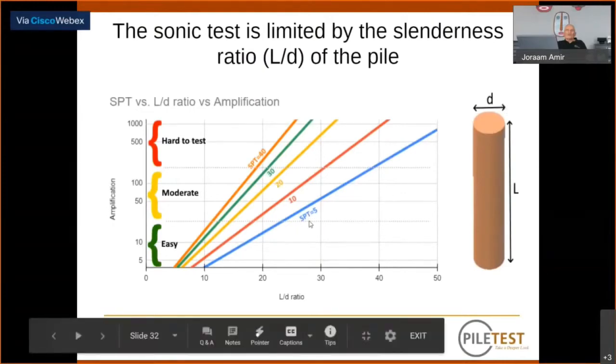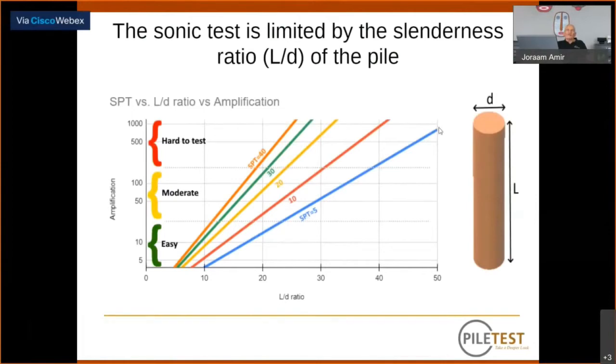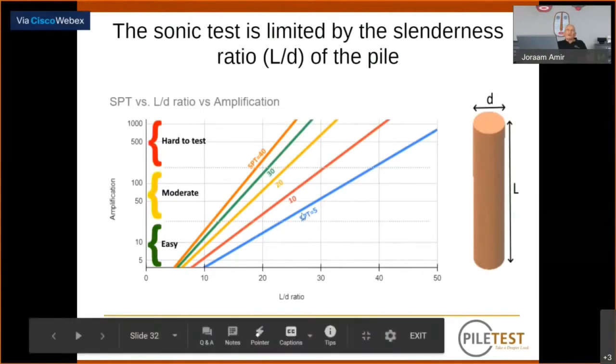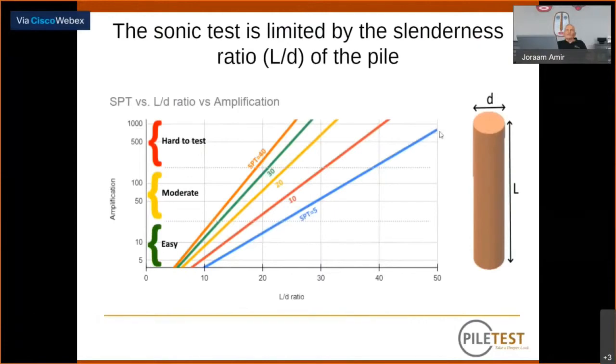Now, SPT 5, standard penetration resistance of 5, soft soil, you can test piles up to 40 to 50 diameters deep and still get reasonable results. Of course, if you have an SPT of 30 or 40, you cannot go deeper than 25 or so diameters into the ground.